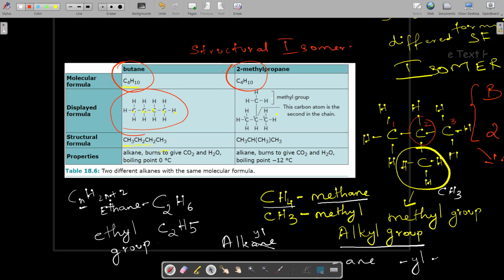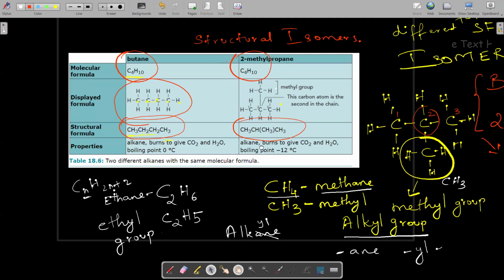So remember, structural isomers are compounds which have the same molecular formula but different structural formula, or displayed formula. So the structural formula is different, and the displayed formula is also different.